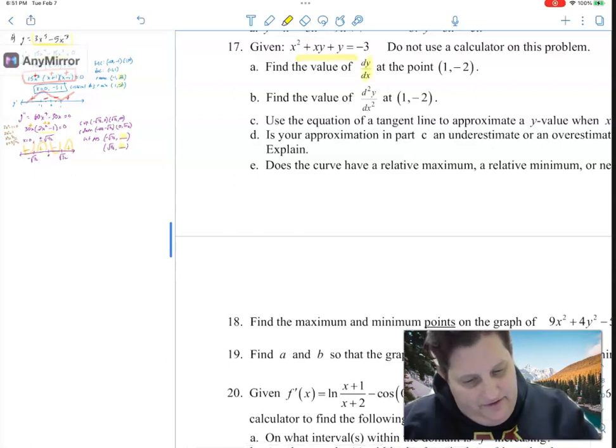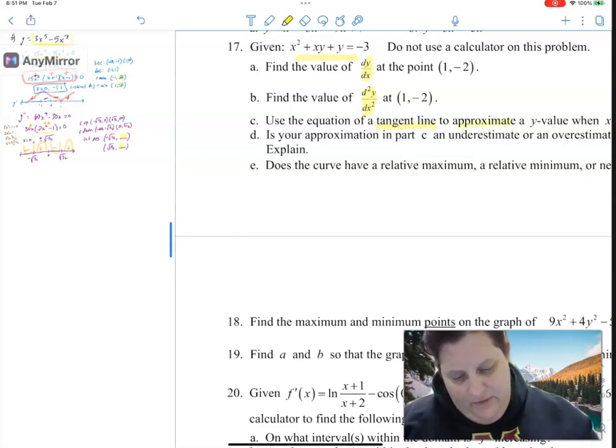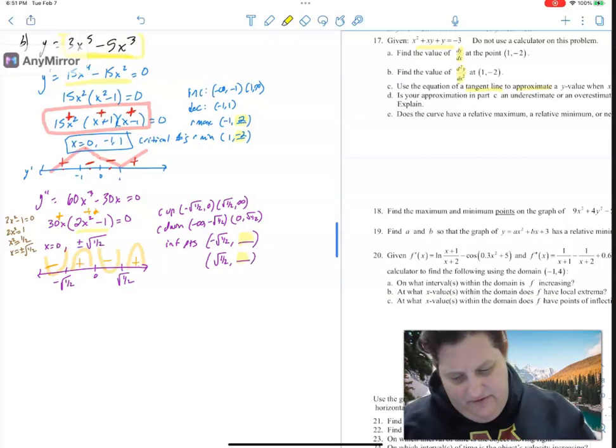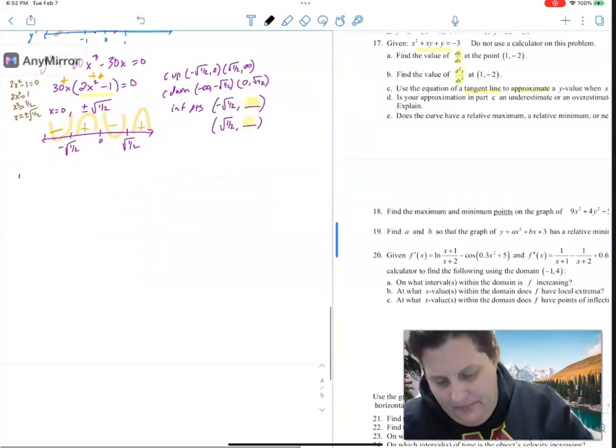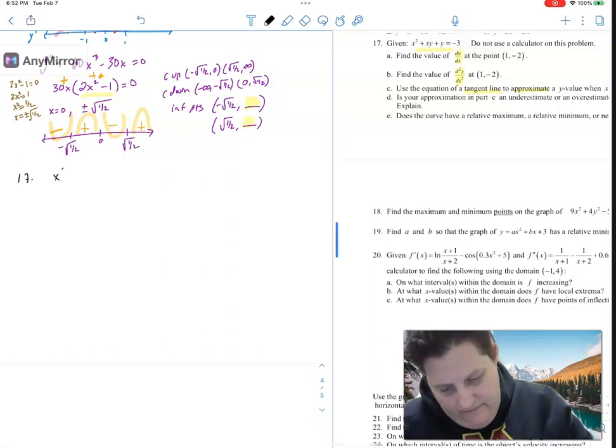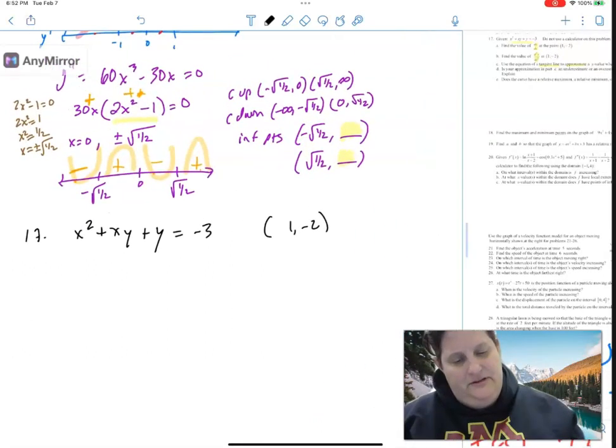We need to find the first derivative, second derivative, equation of a tangent line to approximate, and so on. Okay, so let's go ahead and find our derivatives first, at the point 1, -2. Let me find the first and the second derivative.